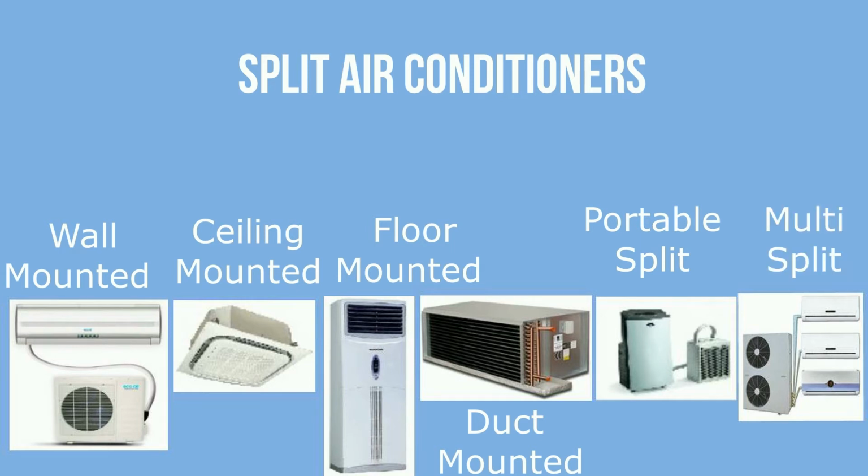So the reason why I started off discussing the different types of ACs is because usually this is an interview question where they start off by asking what are the different types of AC. So you should be aware of the different types of ACs.